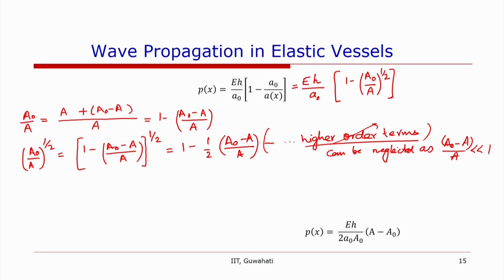Okay. So, if we substitute that here, we will end up with Px is equal to EH over A naught into 1 minus 1 by 2 (1 minus 1 plus 1 by 2) A naught minus A over, sorry, I have made a mistake here.